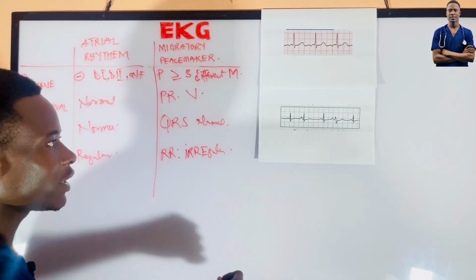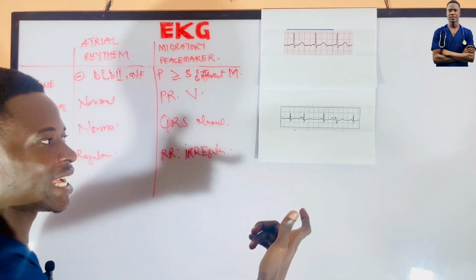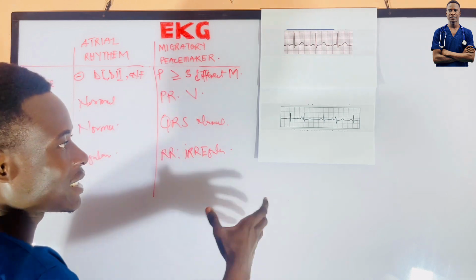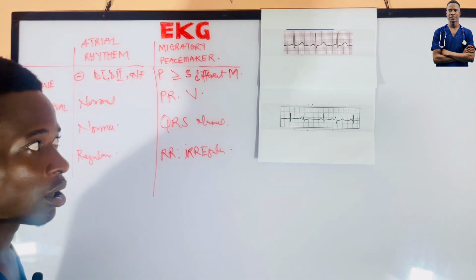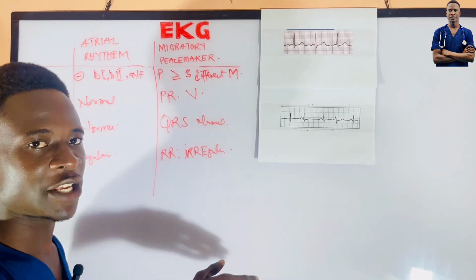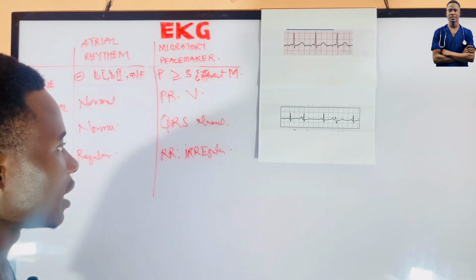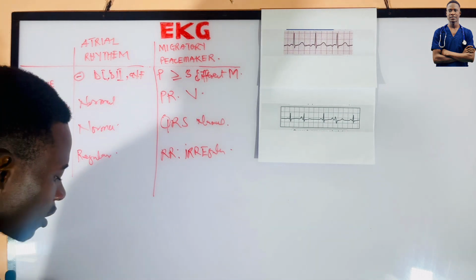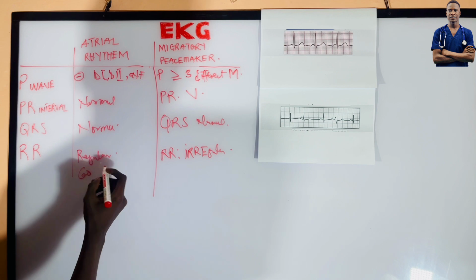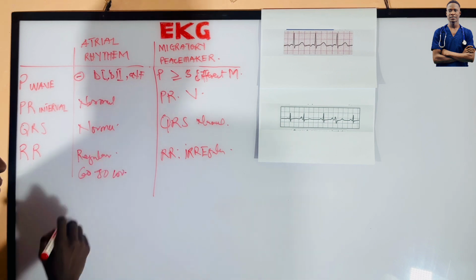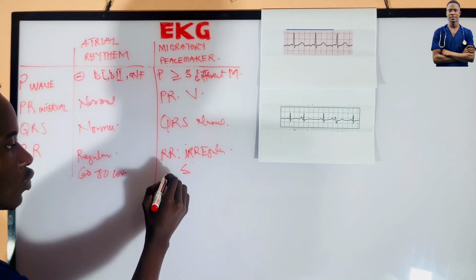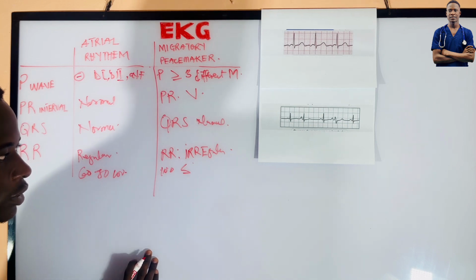Sometimes you may get different morphologies, but they are not on the same lead. And if they are not on the same lead, what happens? You cannot classify it as migratory pacemaker. All the P waves with different morphologies must be on the same lead. Are you clear with it? Now, let's look at something here. The normal heart rate is 60 to 80, or sometimes 100. This one is less than or equal to 100.